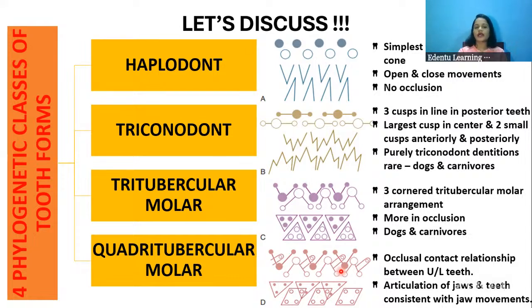So what type of teeth can it be? That was one question asked in the recent examination. So you should know these terms thoroughly, because such questions related to comparative dental anatomy are also asked in recent papers.